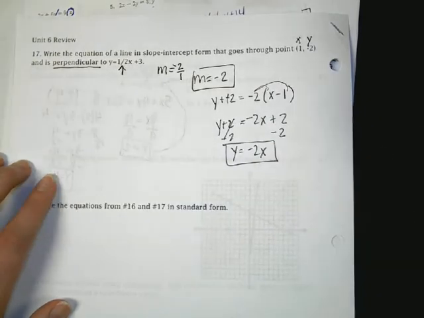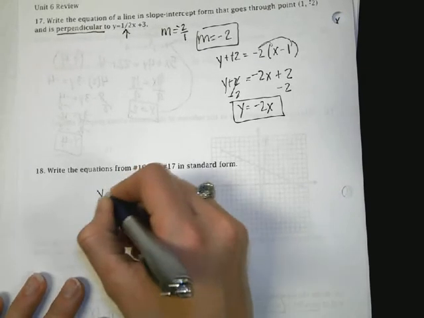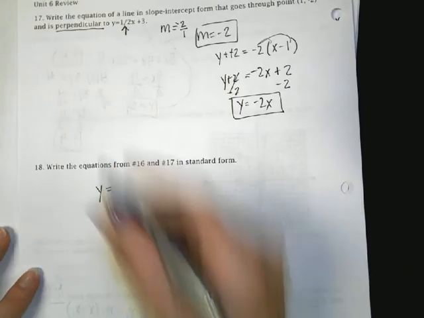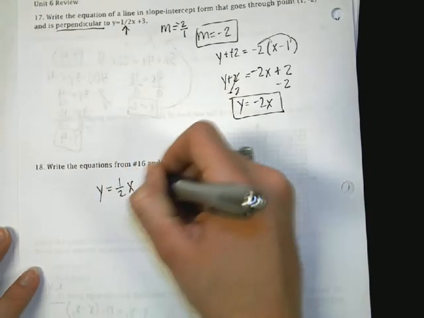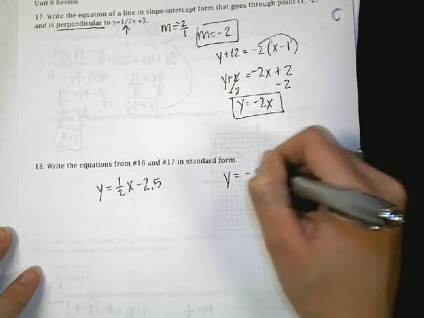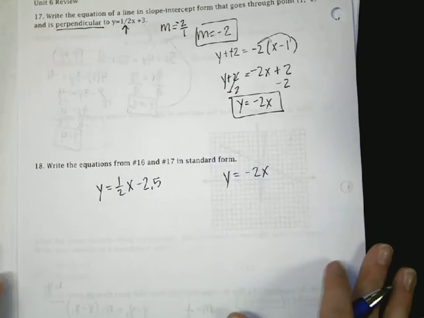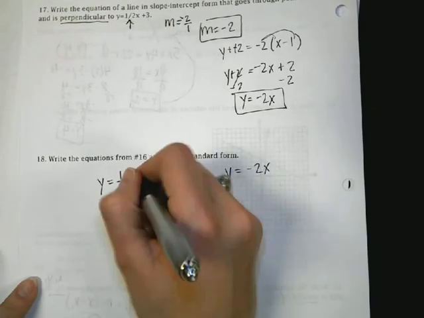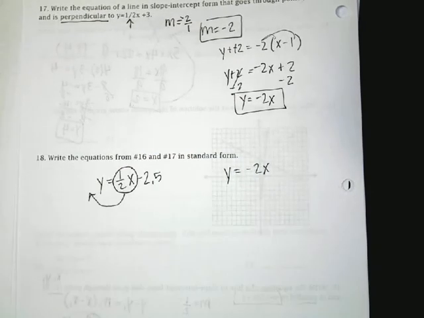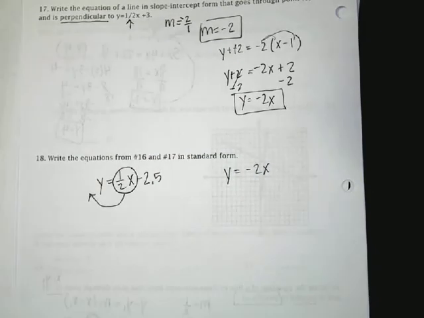Number 18 is asking for both of those equations in standard form. So my first equation was y equals 1/2 x minus 2.5. My second equation is y equals a negative 2x. In standard form, all you want to do is take these x's to the other side of the equation and make sure that they are whole and that they are positive.